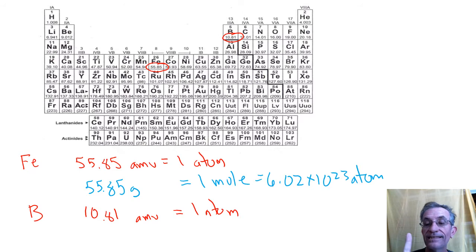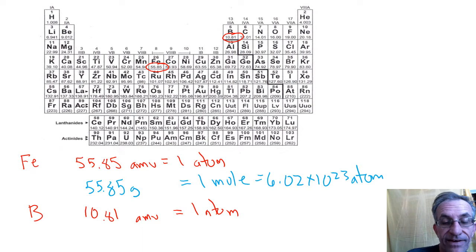So the number on the periodic table tells you two things at once. How much one single atom weighs, and the units on that are AMU. But it's also been set up so that if you want to know how much all of these atoms weigh together, a mole of them, their combined weight, it weighs 55.85 grams. Same number, but a different unit. The same thing is true for boron.